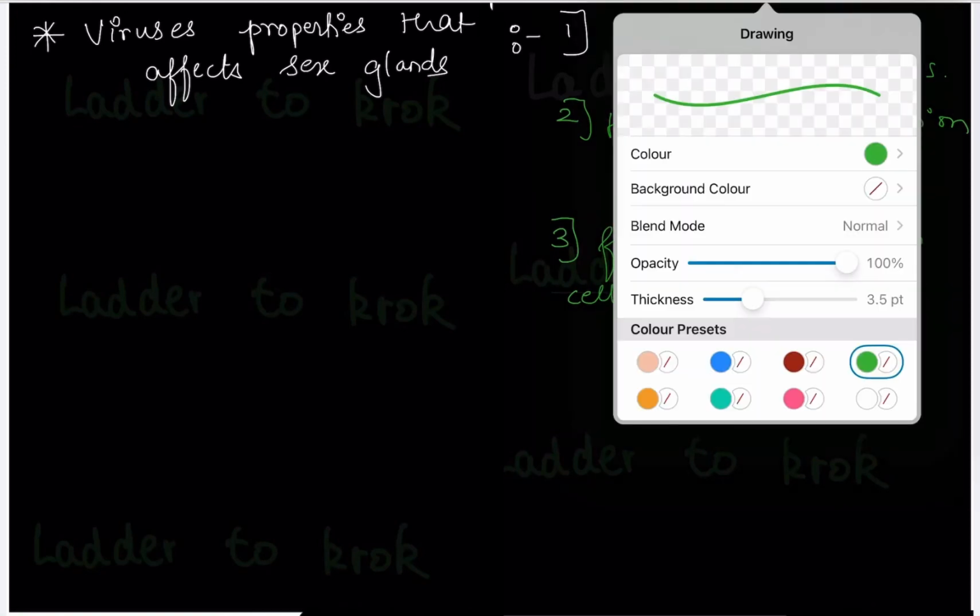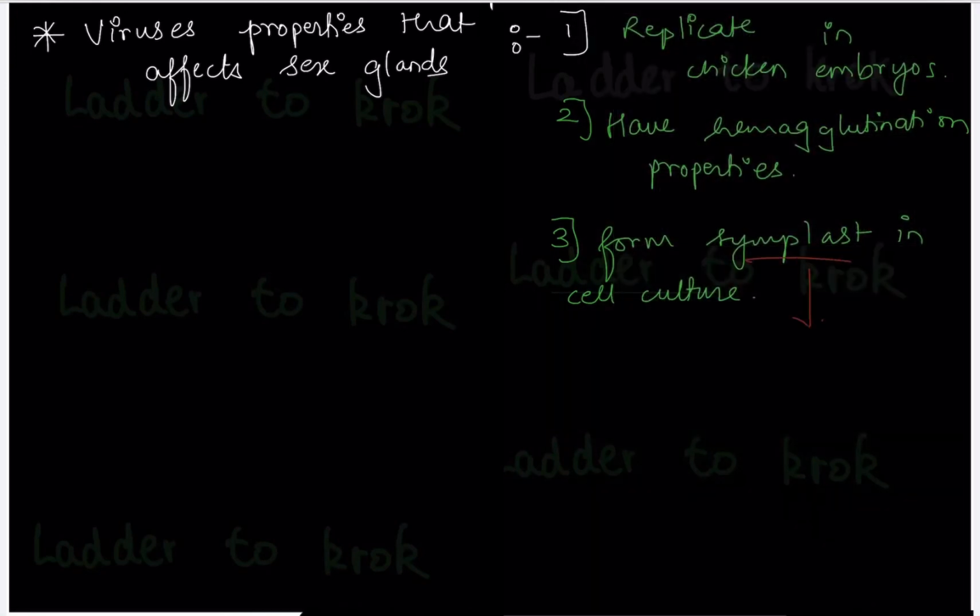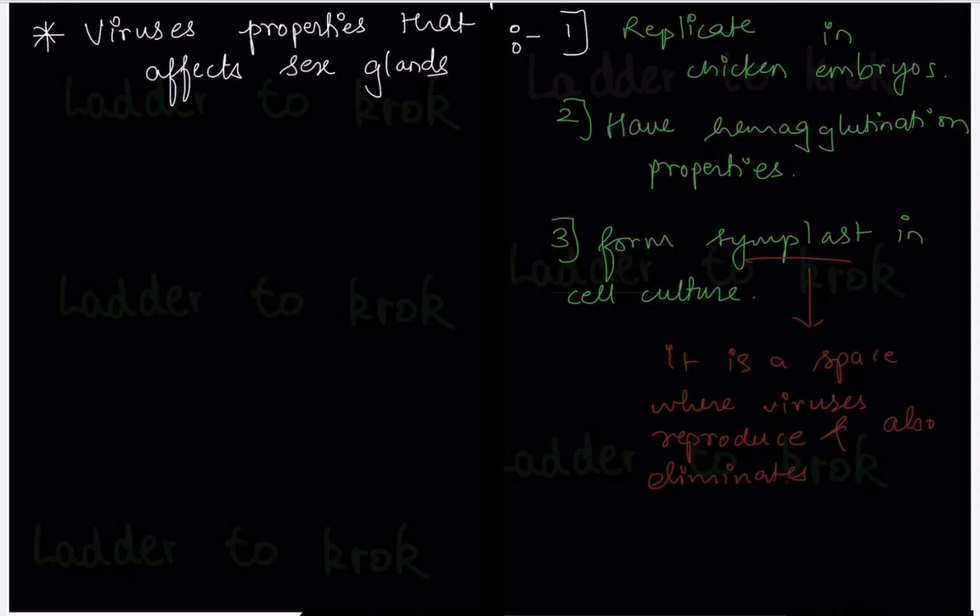Now symplast in viruses is a space where viruses reproduce and also eliminate any foreign RNA.